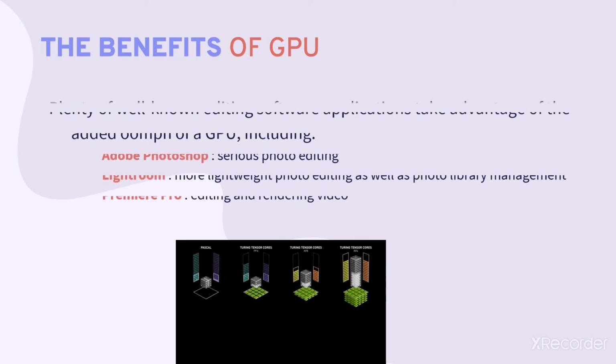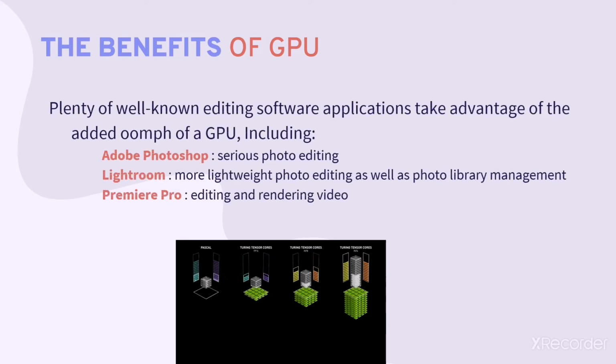And plenty of well-known editing software applications take advantage of the added oomph of a GPU, including Adobe Photoshop for serious photo editing, Lightroom for more lightweight photo editing, as well as photo library management, and Premiere Pro for editing and rendering video.